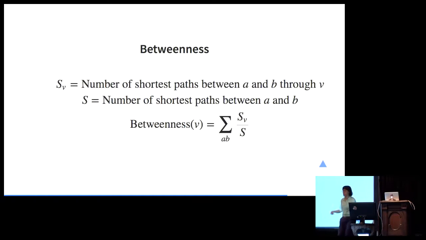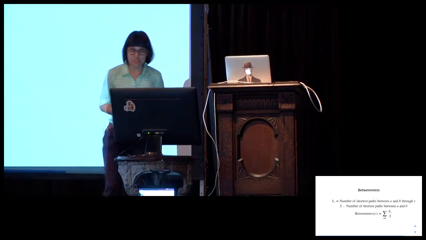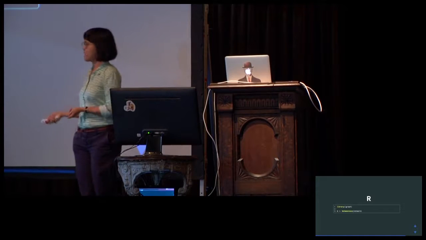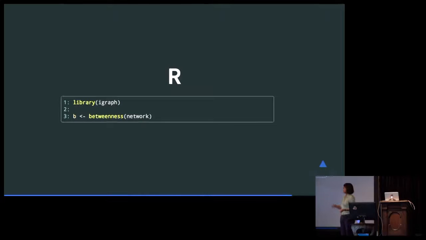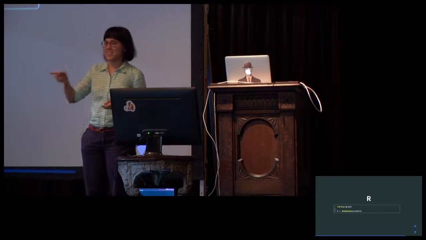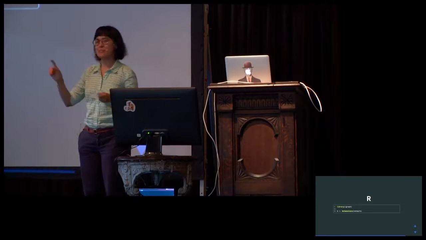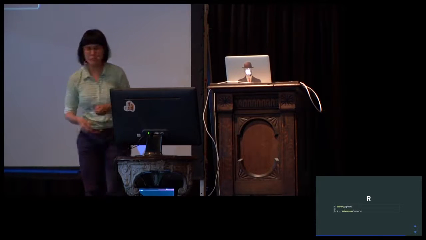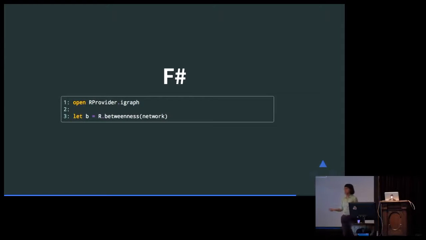And I am a lazy person, so if you are using R, there is a library called igraph, and you just call a function called betweenness. Luckily in F#, I was mentioning the JSON type provider, but there is also something called the R provider. So what I can do in F# is just open the igraph library from R and call it from F#, and it's just R dot.